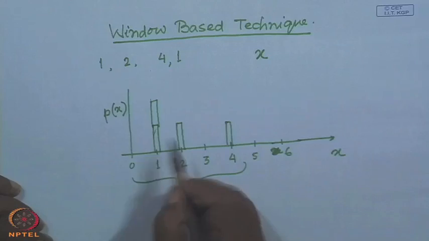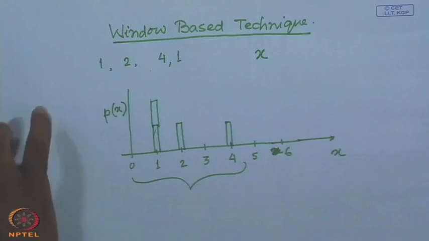I have to estimate a continuous probability density function from the set of samples which are given. So, the delta function as a representative probability density function is not really suitable.